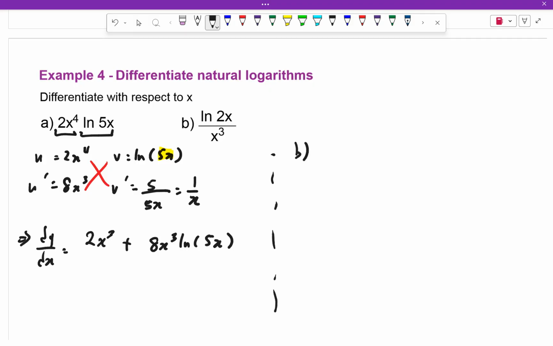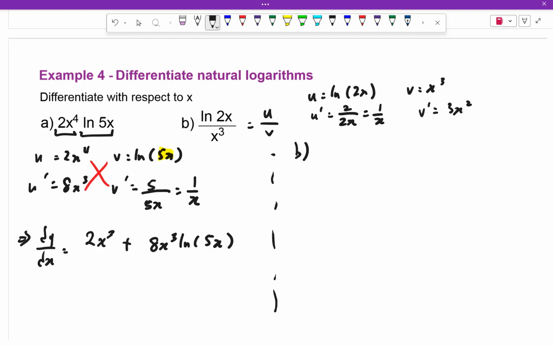Question B, quotient rule. So here we have u over v. So that means u equals ln of 2x, v equals x to the power of 3, u dash equals 2 over 2x, which is the same as 1 over x, v dash equals 3x squared.